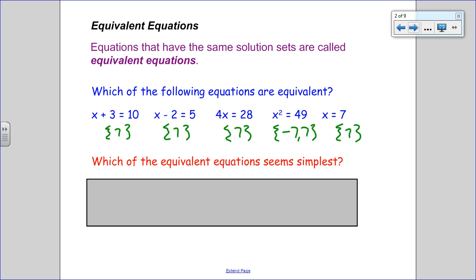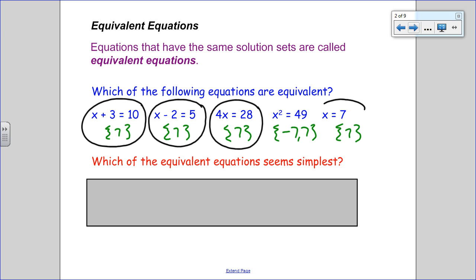So as we compare the solution sets, we can see that there are 4 equations that have exactly the same solution set. These equations are called equivalent. The equation x squared equals 49 is not equivalent to the others because it has an extra solution, -7. Even though it has 7 as a solution, it does not have the same solution set as the others, and therefore it is not equivalent to them.